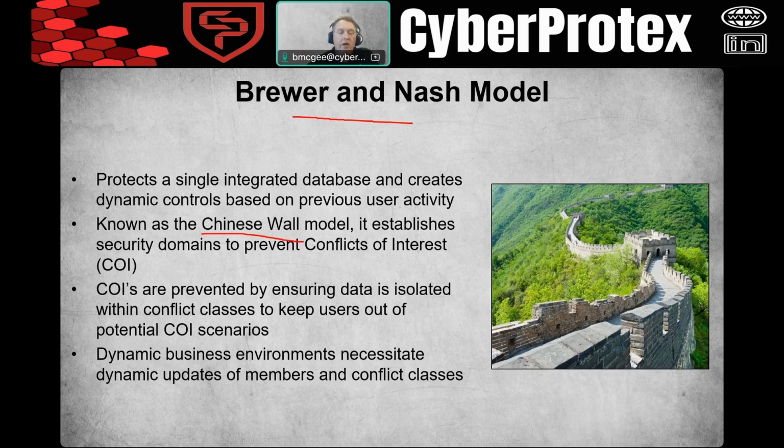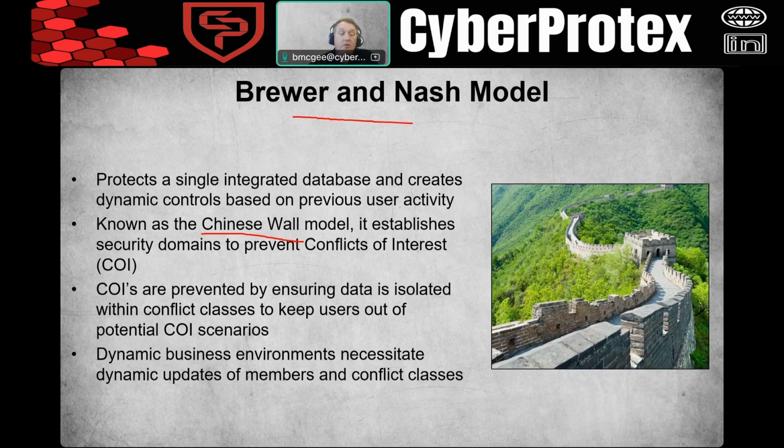And so in the context of information flow, it states that a subject can write to an object if and only if that subject cannot read another object that is in a different data set. And it was created primarily to try to provide some sort of access control to information that can change dynamically.